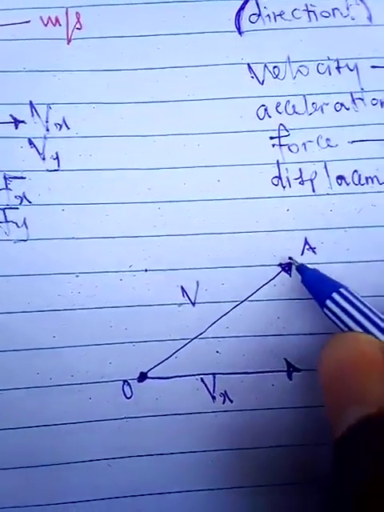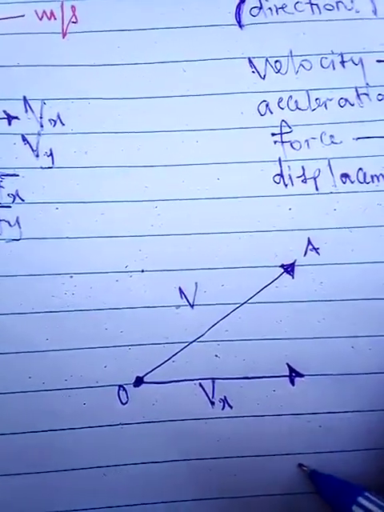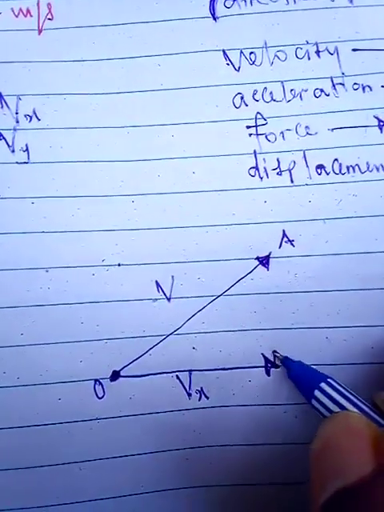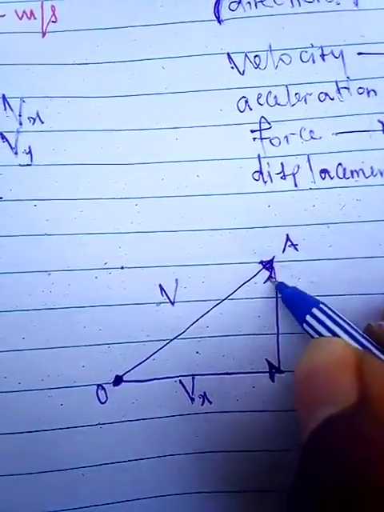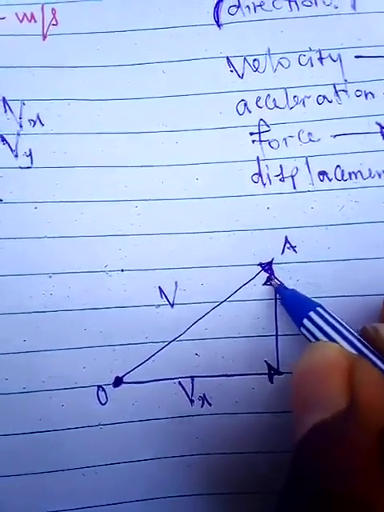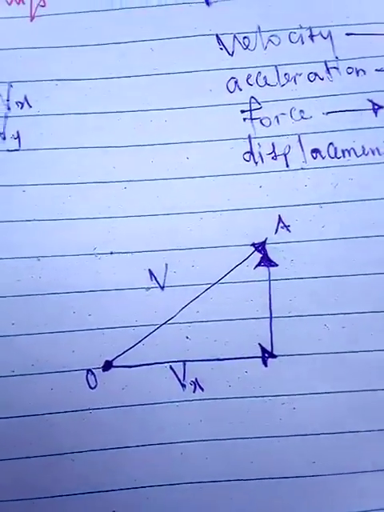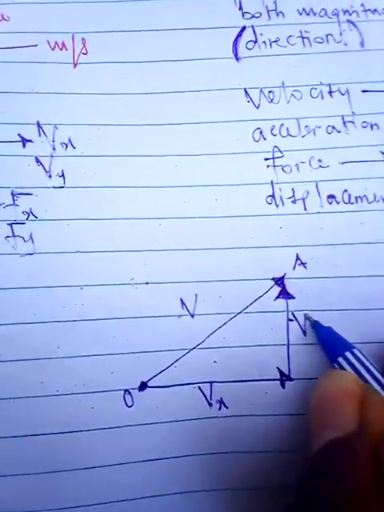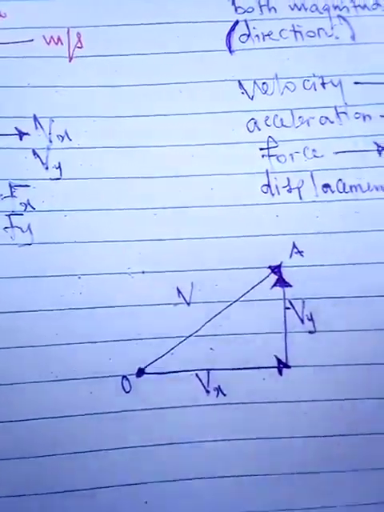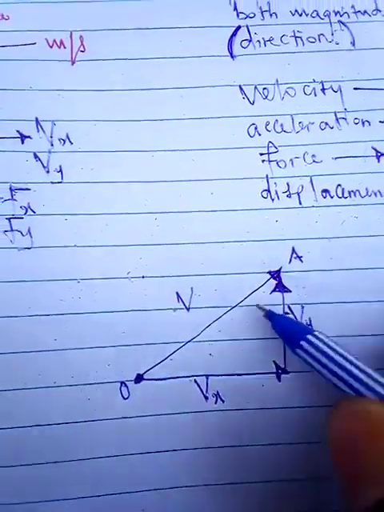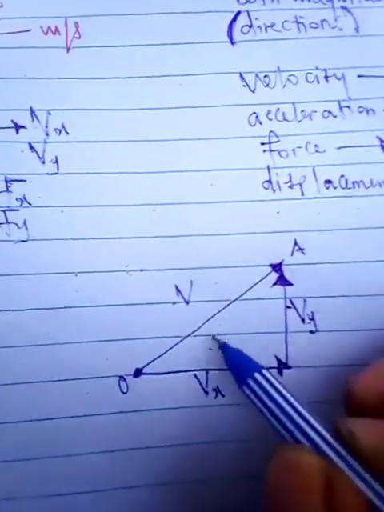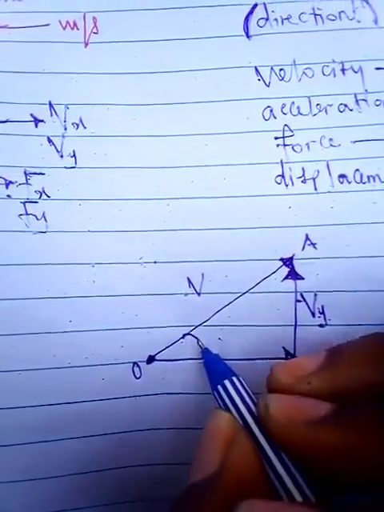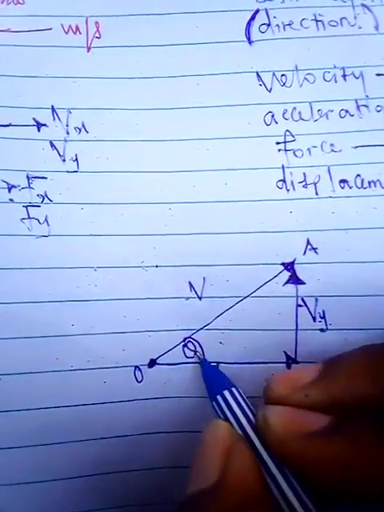Now going up to A, remember, these things have a specific direction, so I'd rather head upwards. Have you seen this one? This one is more like following the y-axis. So this component here is going to be your vector y. This is the y component for this v here, and the angle here definitely is going to be theta.